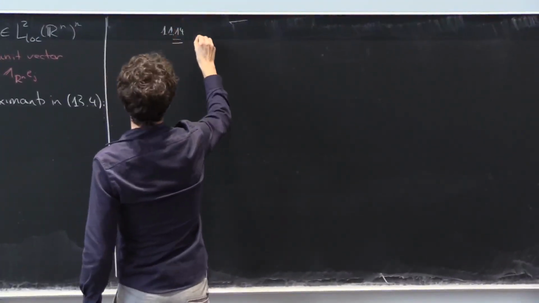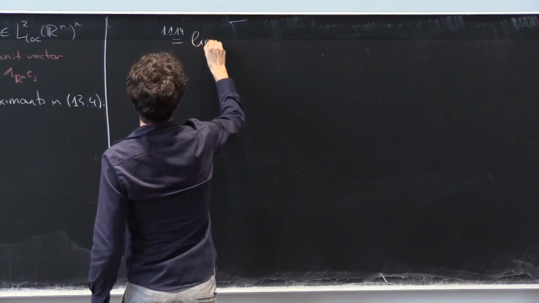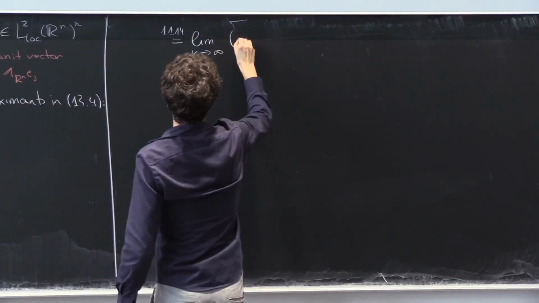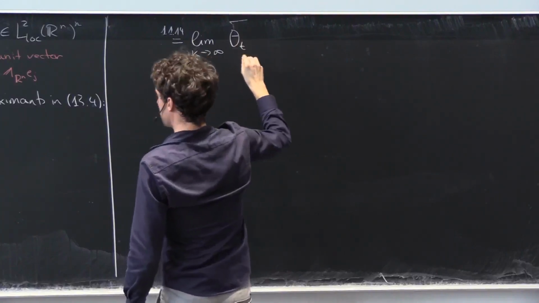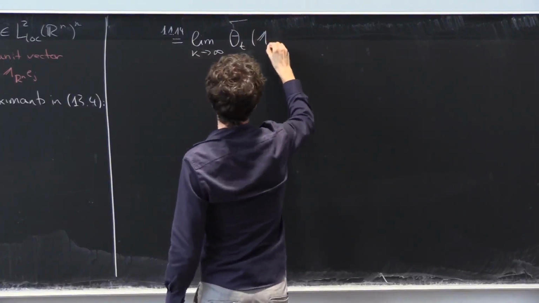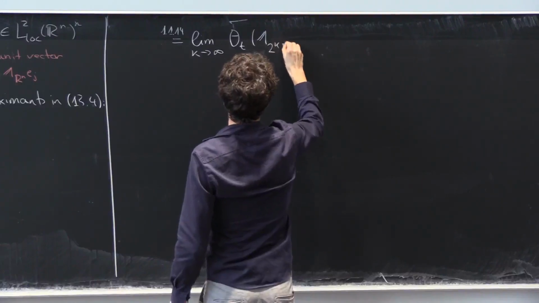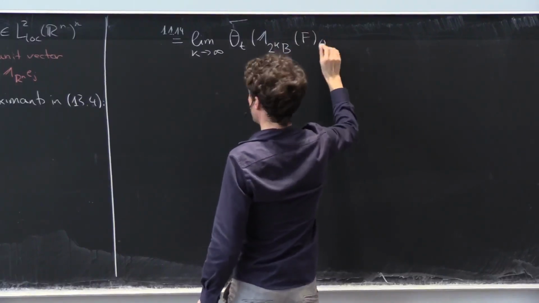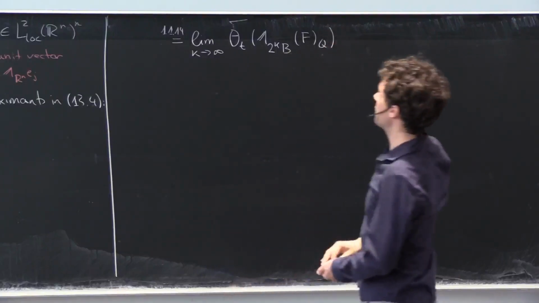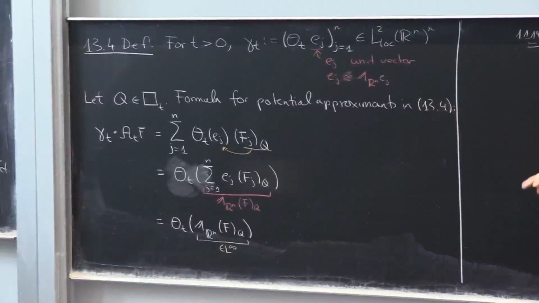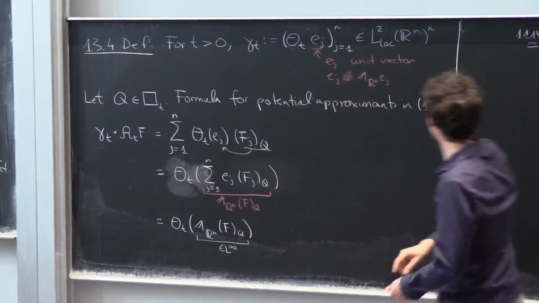It says I should put the limit as k goes to infinity of theta of t times the indicator function of 2 to the k b times the average of f on q. This was precisely how I defined extending the action of theta of t to this function.